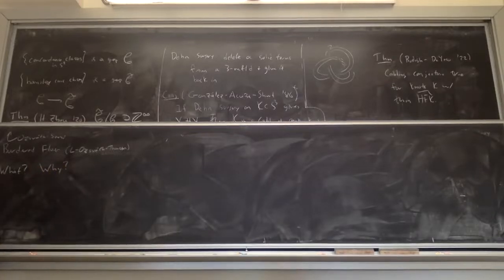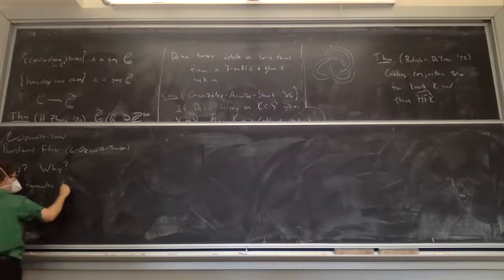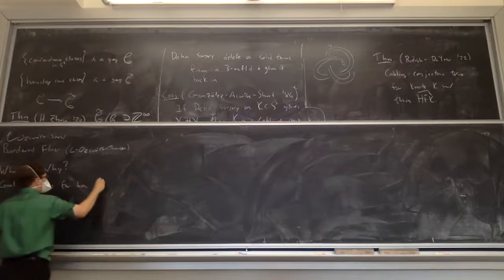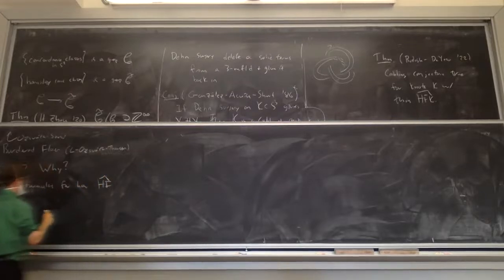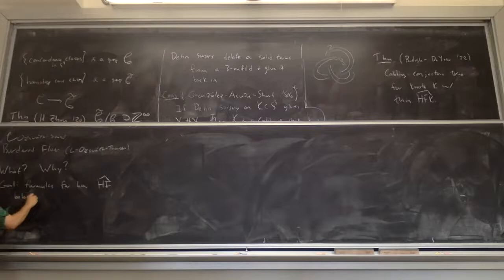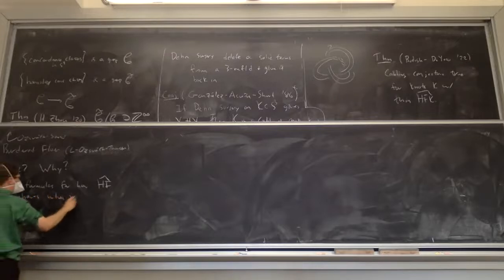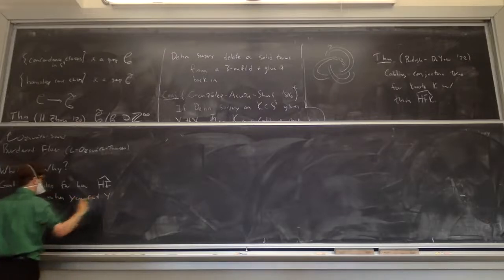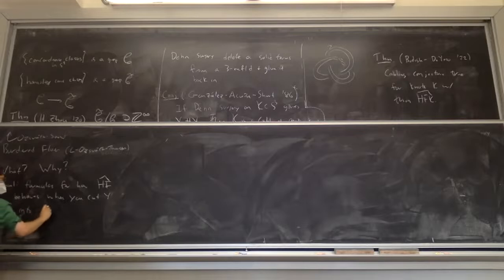So the goal is formulas for how HF hat behaves when you cut Y into pieces. So the Heegaard Floer homology was sort of about how does the Seiberg-Witten invariant behave if you cut your 4-manifold into pieces, but it's still very complicated. So this is about if you take your 3-manifold and cut it into simpler pieces, how does the 3-manifold invariant behave?